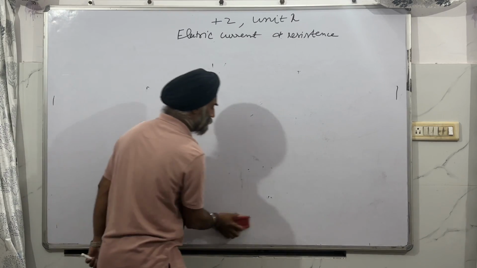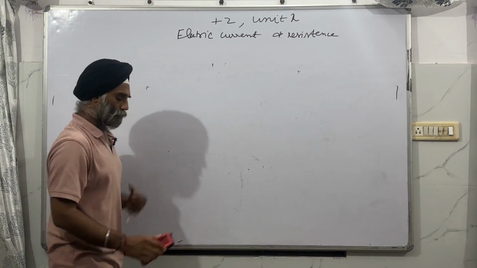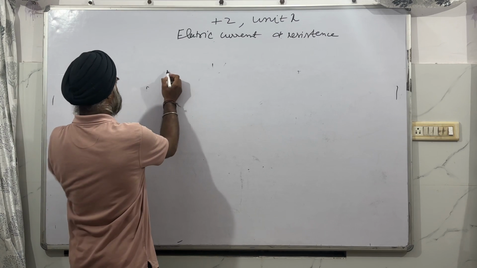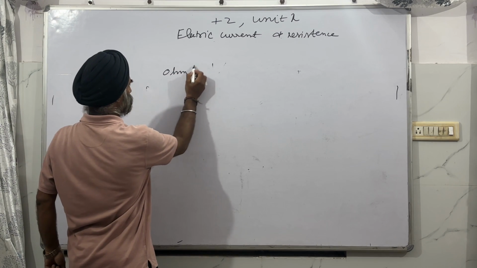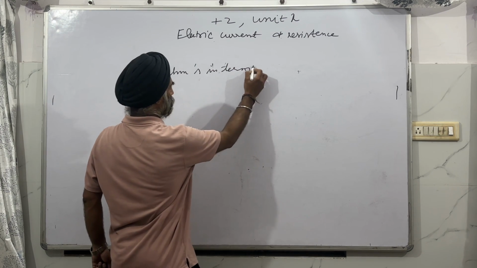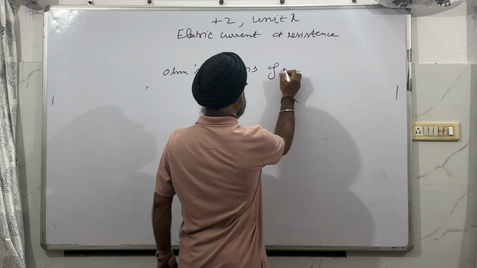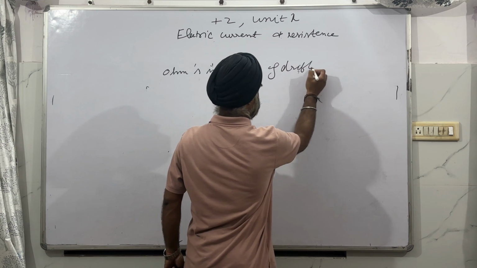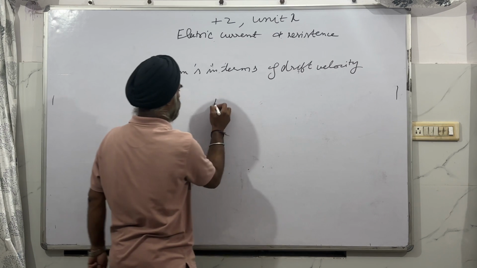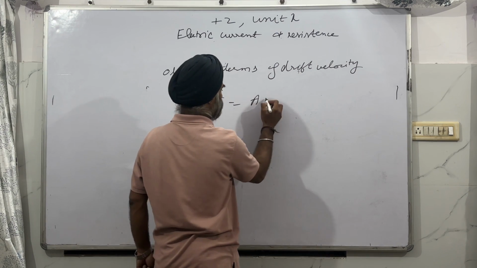Ohm's law in terms of drift velocity. As we know that I is equal to nAeVd.